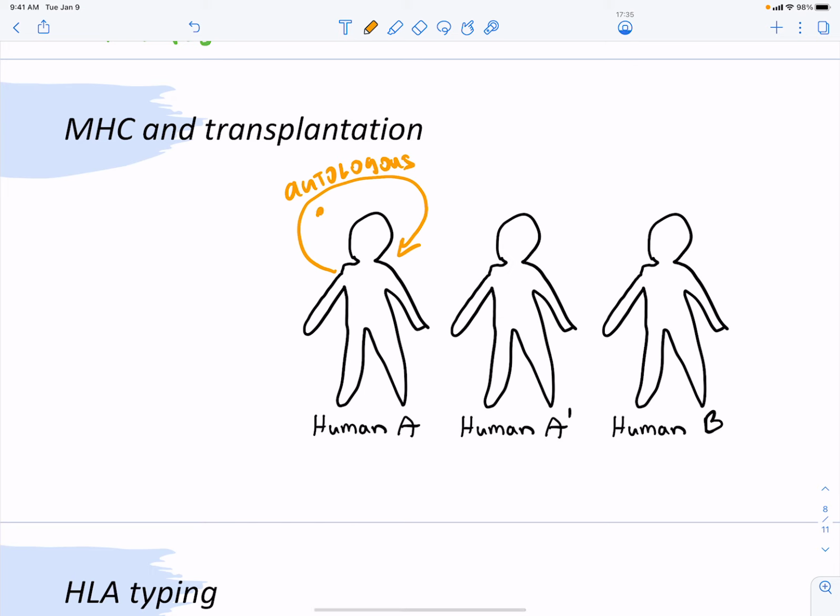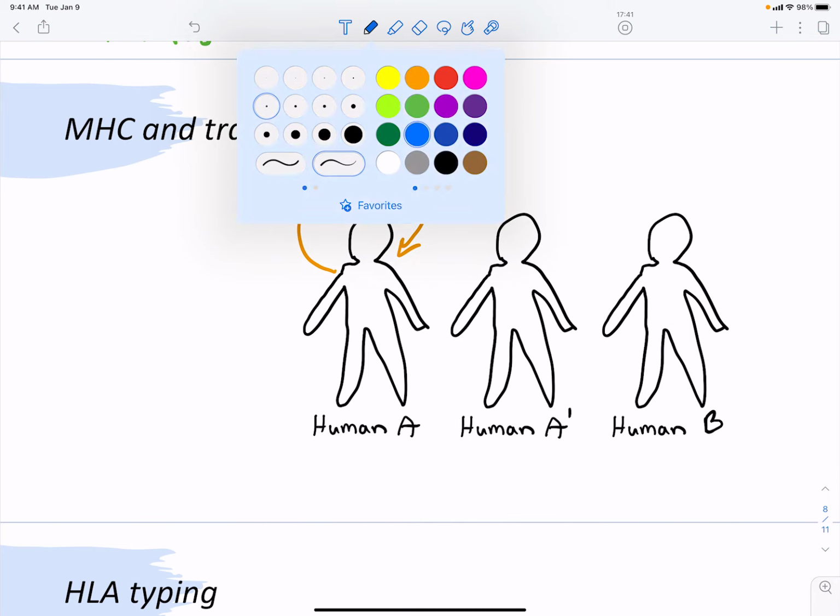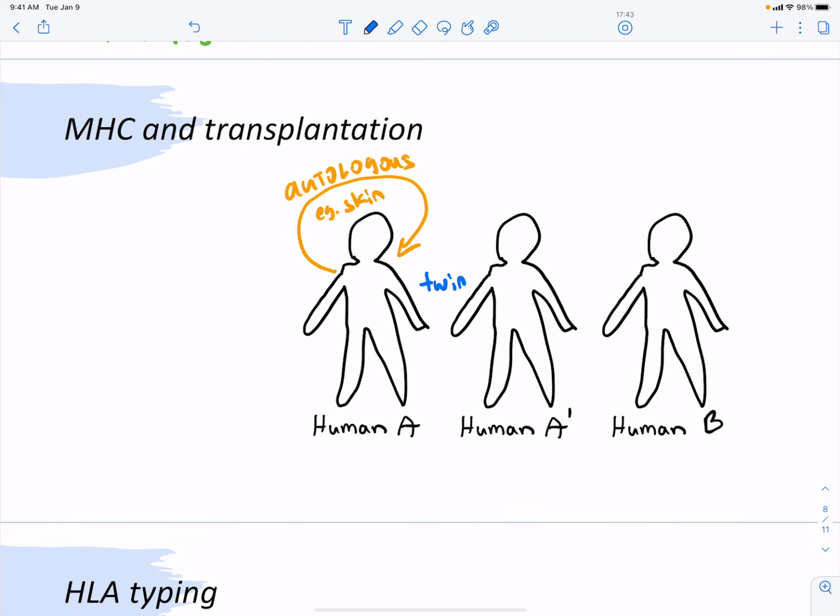An example is skin. You can give yourself a skin graft, for example. If you have a twin and they're identical, and you get a transplant from your twin, this is called syngeneic. And this is going to be tolerated.